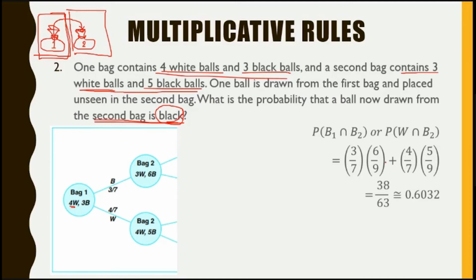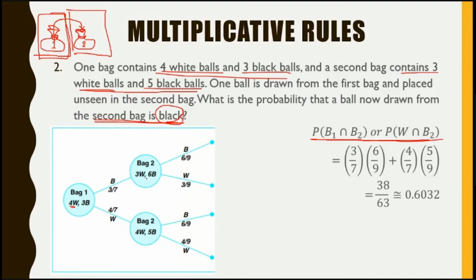So there are two possibilities. It's either the first bag is black and the second is black, or the first bag is white and the second bag is black. Now, these are the probabilities. Okay, this is using a tree diagram.